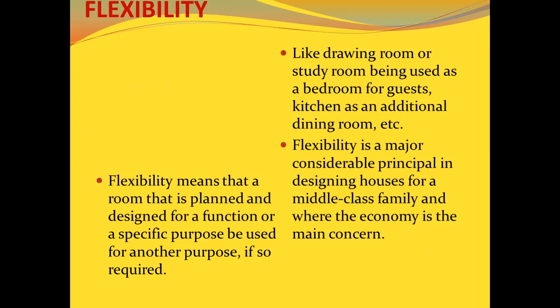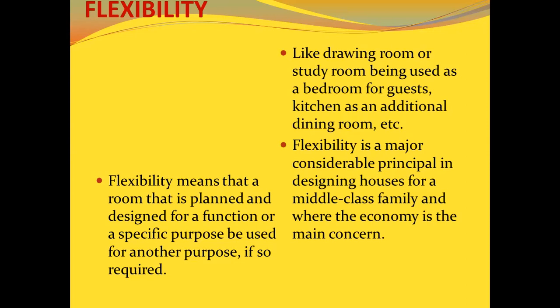Next is about flexibility. Flexibility means that a room planned and designed for a function or a specific purpose can be used for other purposes also. If so required, we can change or alternate a particular room into a dining room, a study room, or a guest bedroom, etc. Like a drawing room or a study room being used as a bedroom for guests, or a kitchen as an additional dining room.